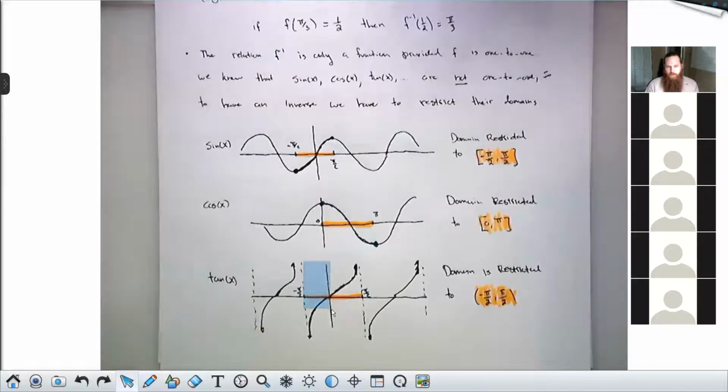And if we just focus on this piece, it is 1-to-1, even though the whole function is not. Okay then.